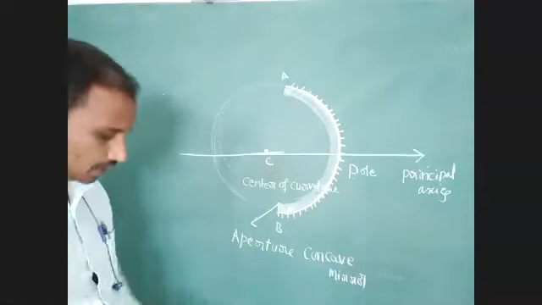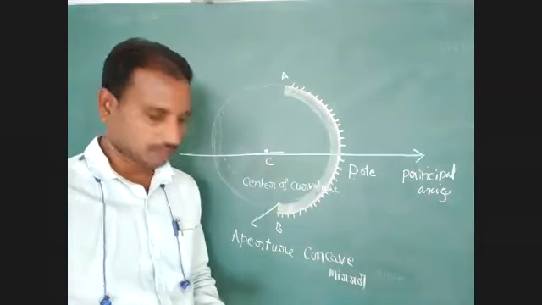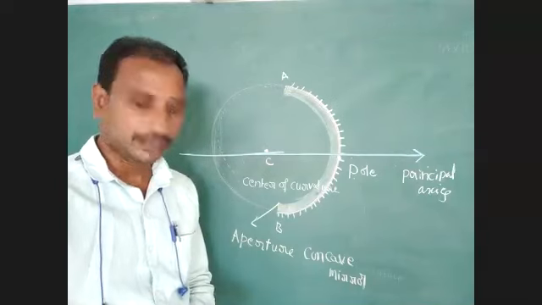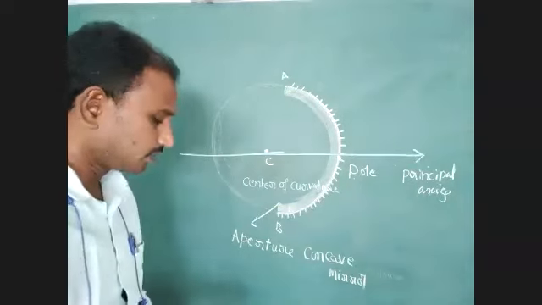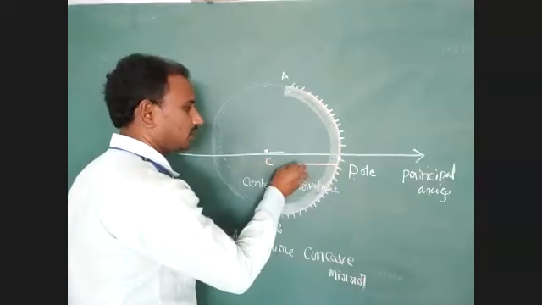Now we have to find the radius of curvature. We calculate the radius of curvature from the pole to the center of curvature.